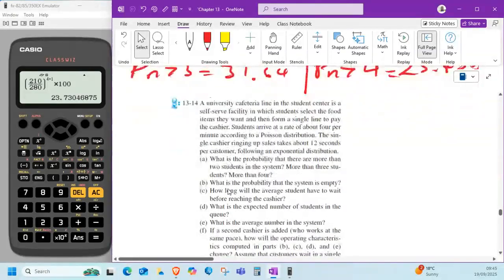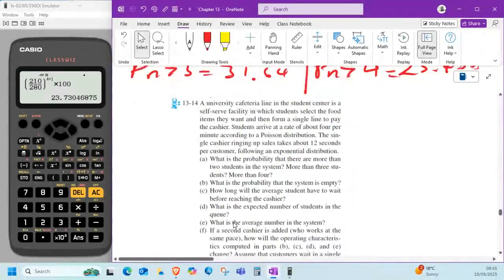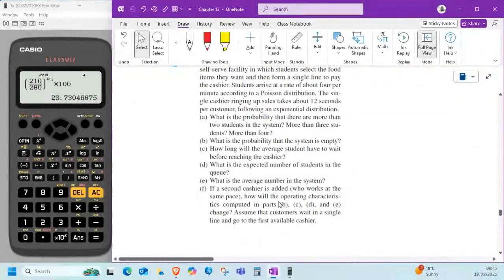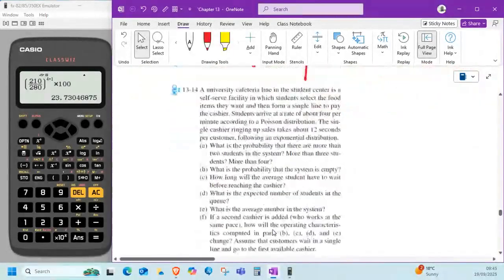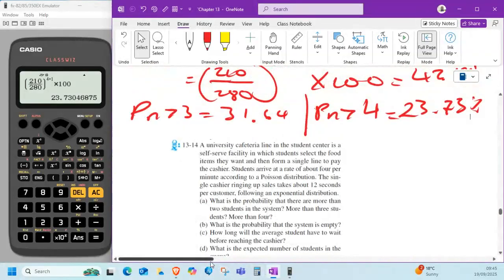This question here is going to be the last one I think that I'll do, because it requires me to also do times 2. It says here, if a second cashier is added who works at the same pace, who will operate with similar characteristics, redo everything that is at the top there.